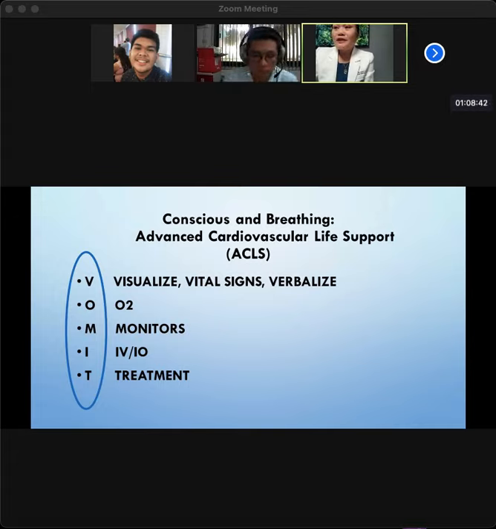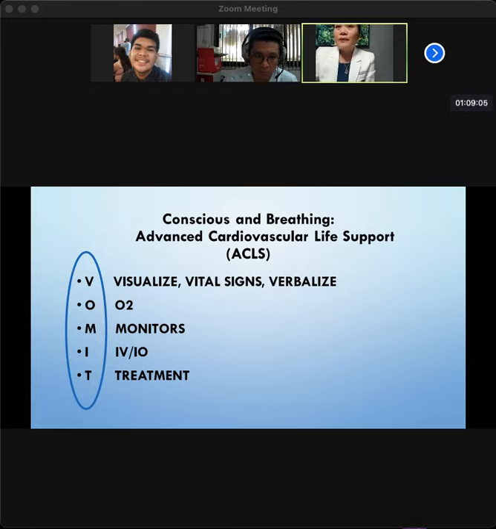However, if the patient is not able to verbalize all his pains or all his needs, then you need to do all the physical examination. And also, syempre, yun nga, vital sign. And then, next one to do is check for the oxygen.